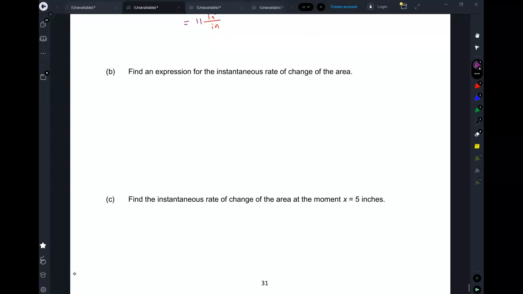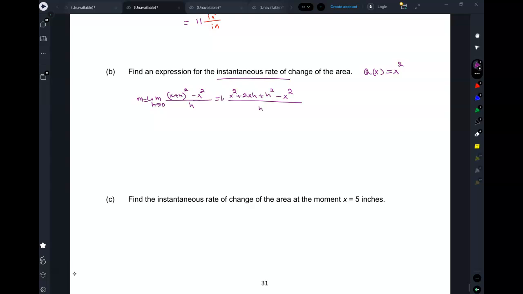The expression for the instantaneous rate of change of the area. So what is A of x? It's x squared. So the instantaneous rate of change is x plus h squared minus x squared over h. So this is x squared plus 2xh plus h squared minus x squared all over h.